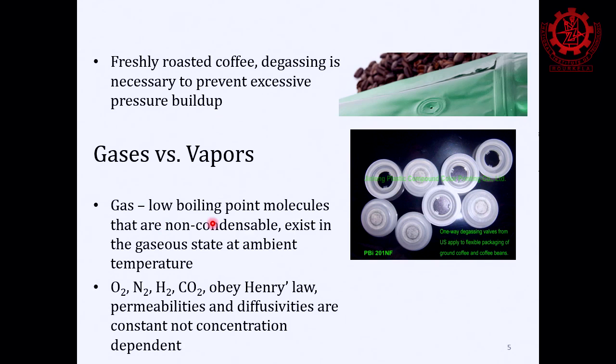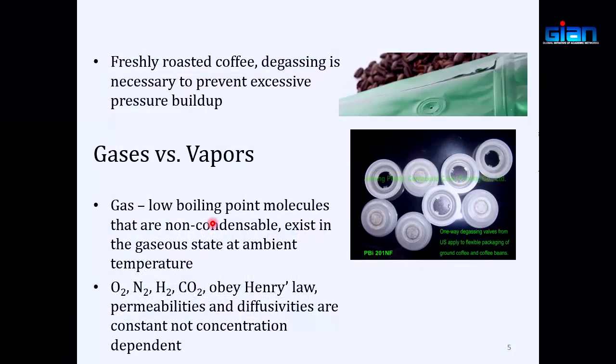So gases and vapor, what is the difference between gases and vapor? Above the critical point, it will be a gas. No, gas is not just limited to vapor, but there are others like oxygen, nitrogen, but vapor is just limited to water in the gaseous phase.